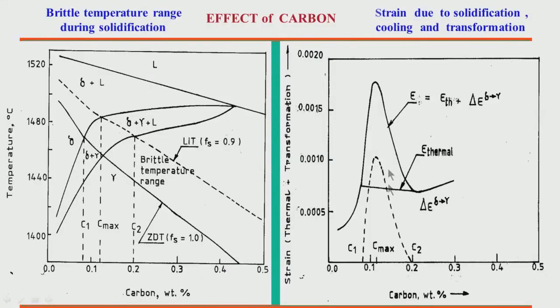You see this strain of depression, strain of shrinkage, is quite high for this type of chemistry. You see here the strain of depression is relatively less for a very low level of carbon. It is also relatively low for a high amount of carbon. So, for a low amount of carbon and a relatively high amount of carbon, you do not have depression, you have rather sticking and bulging. But between C1 and C2, with the maximum tendency at Cmax, you have depression.